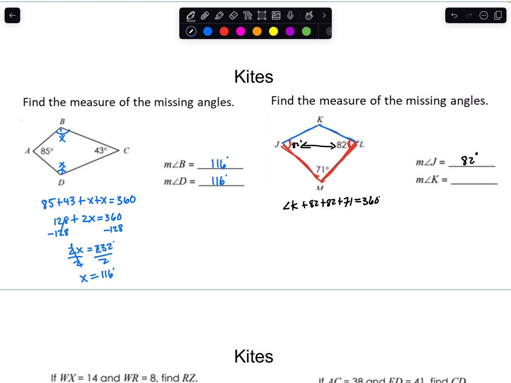We have 82 plus 82 plus 71. That equals 235. So angle K plus 235 will equal 360. To solve for what's missing, we isolate the variable, and I'm left with the measure of angle K is 360 minus 235, which is 125 degrees.